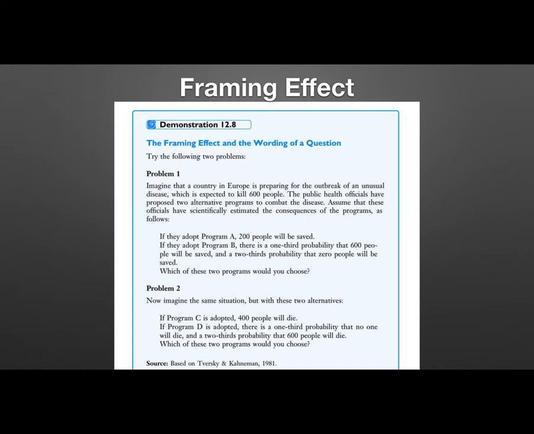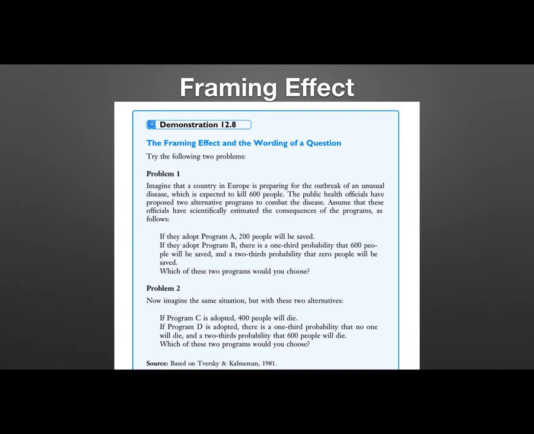It's expected to kill 600 people. We've got to choose from 2 programs. Program A, if we take that, 200 people will be saved. Program B, there's a 1/3 probability that 600 people will be saved, and a 2/3 probability that 0 people will be saved. Which program do you choose?